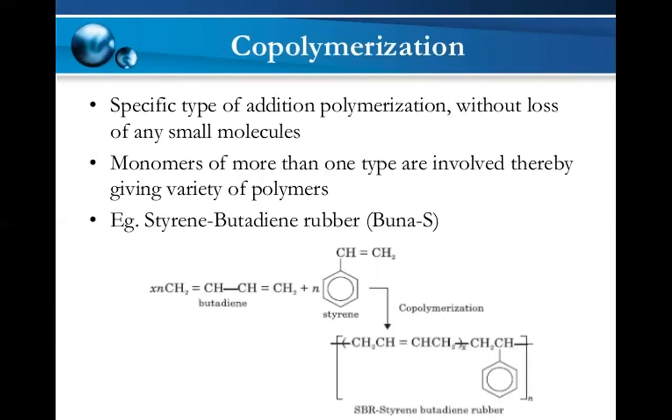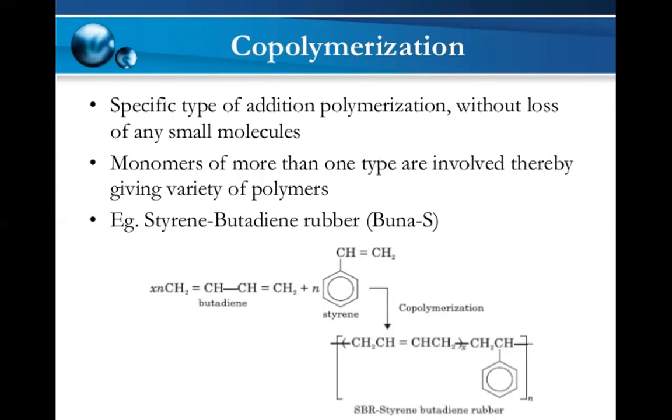In addition polymerization, the monomers are united together to form a polymer chain, but the monomers are of the same type, that is, homomonomers, and the product formed is a homopolymer.